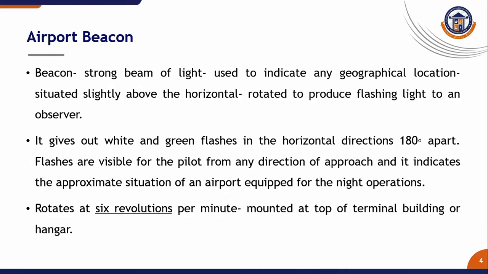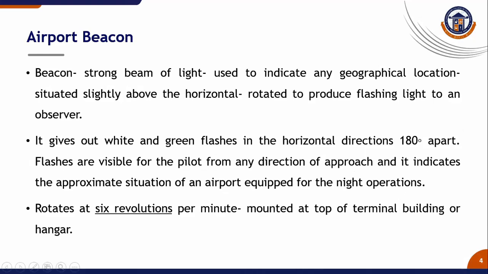Airport beacon. A beacon is a strong beam of light used to indicate a geographical location, situated slightly above the horizontal and rotated to produce a flashing light to an observer.